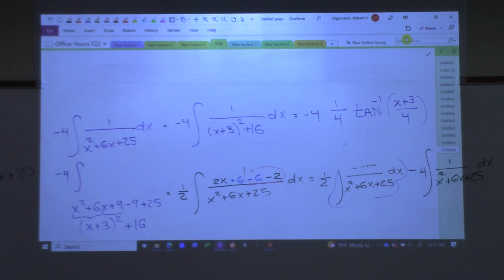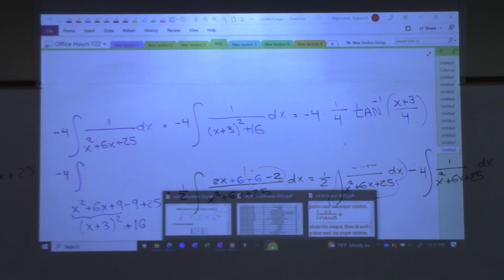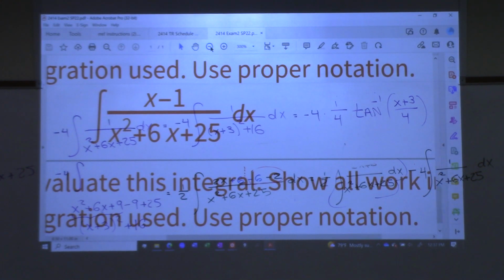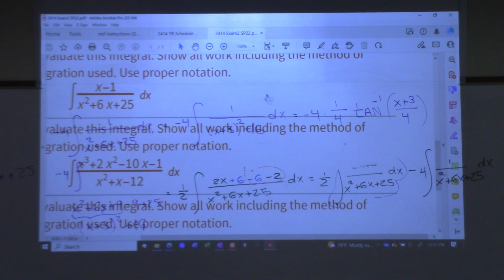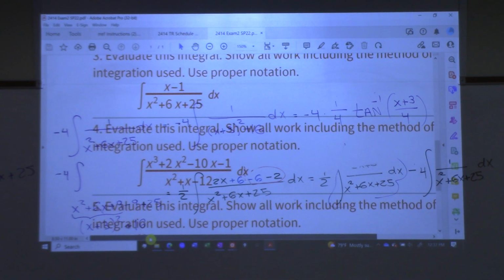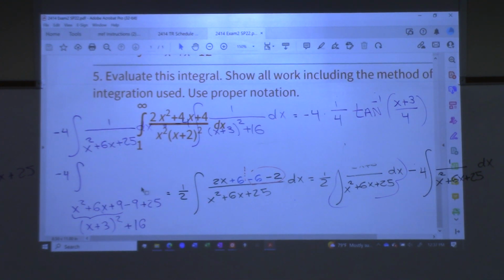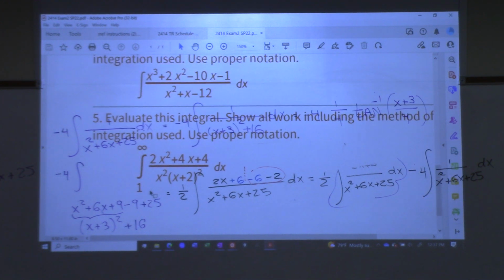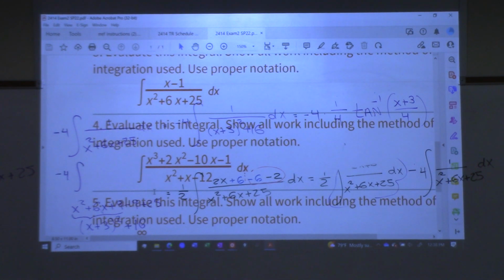All right, so, wow. We've been going over my old test. There were 5 problems on that test. And we did 3 of them today, right? Yeah, so obviously it takes time. These problems take time. And this is me doing the problem, so it's going to be a little faster.